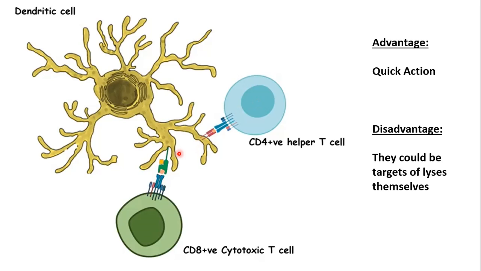So cross-presentation is the process of metabolizing antigens and presenting them in MHC1 molecules, which will facilitate a fast action in the adaptive immune response, but it's a risky thing because they could be targets of lysis themselves.